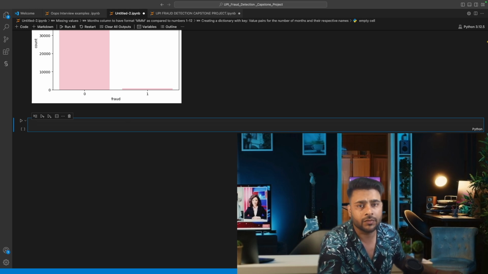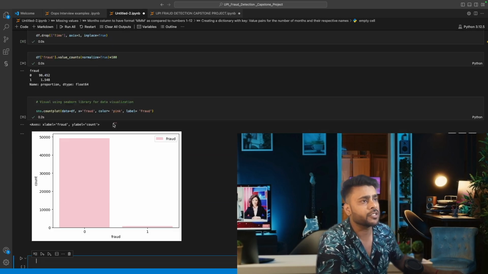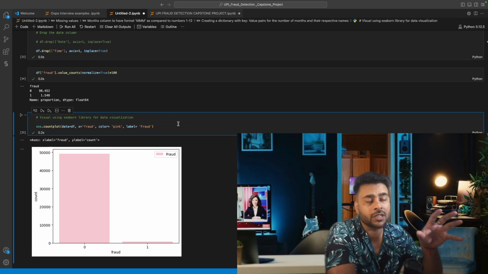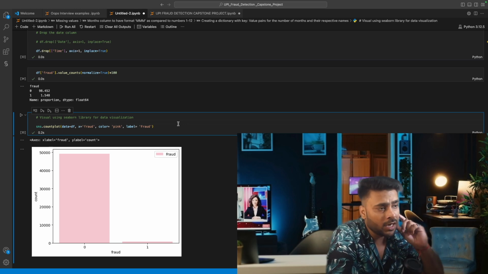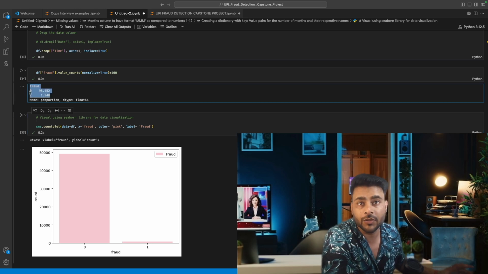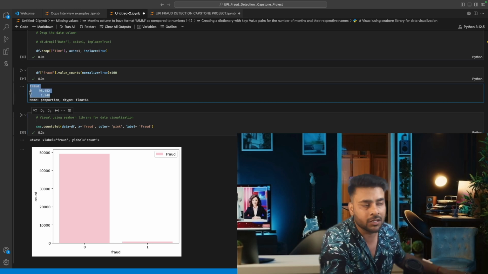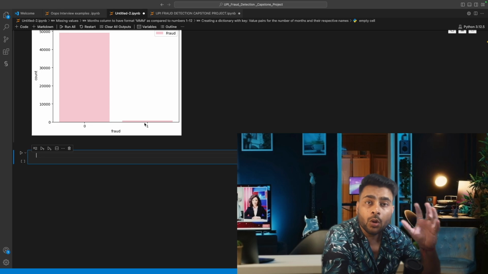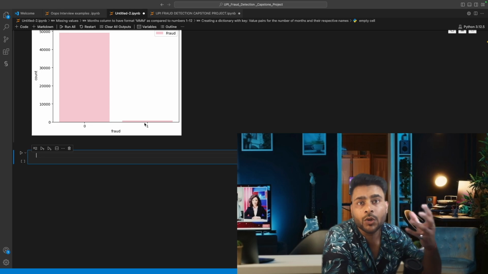So in the previous video, we had created two different data sets. As you can see, in the previous video we had seen the visualization and the distribution of the target variable, and that is approximately 1.5% of the overall data set, which is very less. And therefore, we are going to proceed and analyze what all transactions or what all attributes are contributing towards fraud.